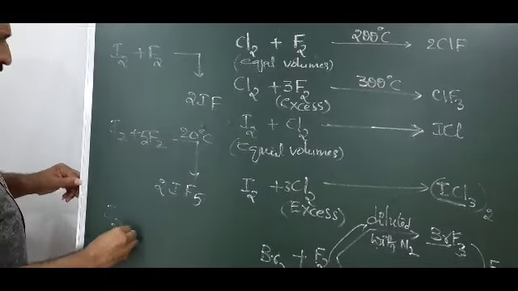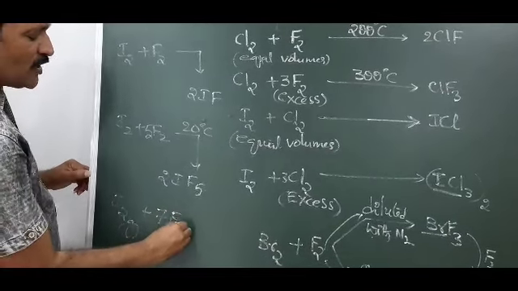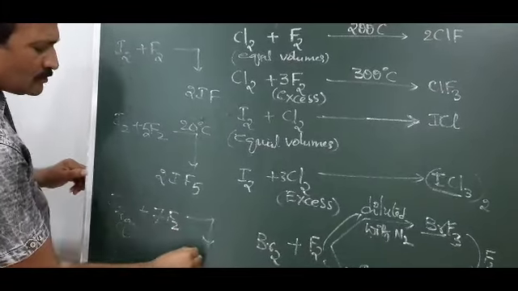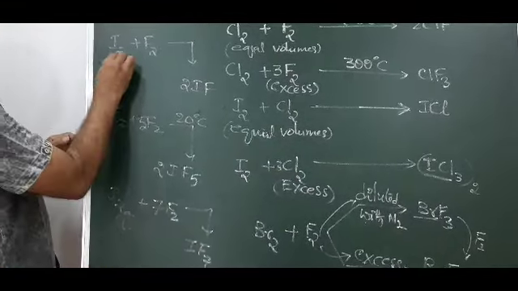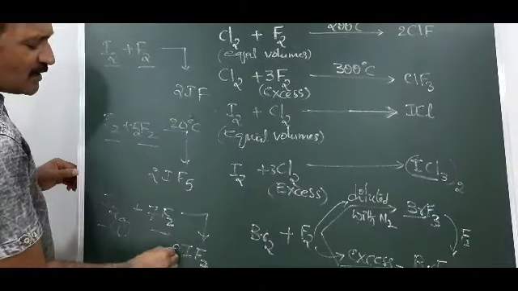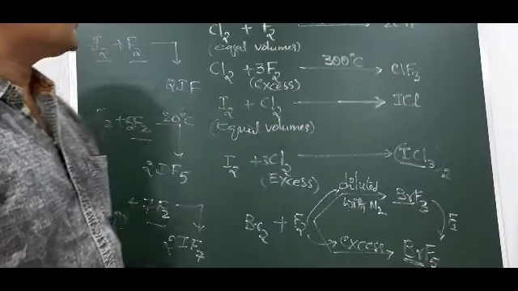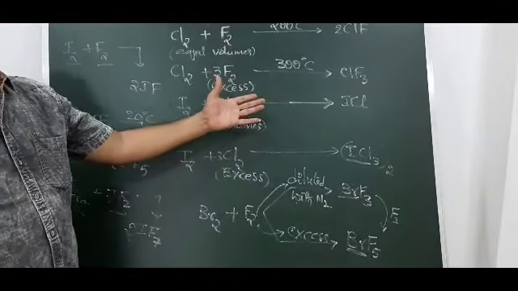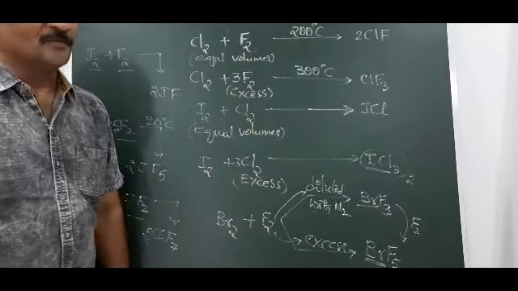Or iodine gas with excess fluorine forms IF7. So depending on the quantities and ratios of the types of halogens taken, the products will come out. This is a simple way to prepare the interhalogen compounds. Now we are entering into the properties of interhalogen compounds.